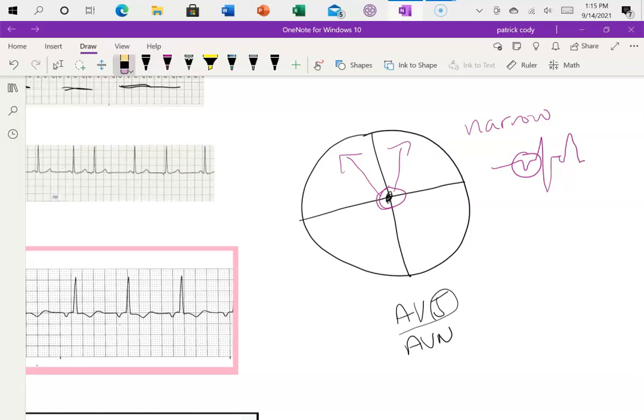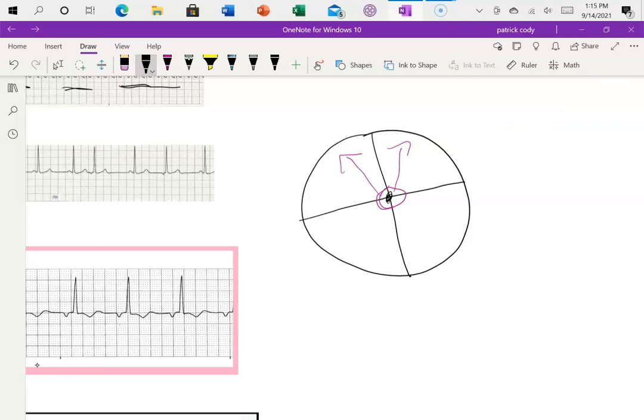So the other thing that I may sometimes see is I may actually not see a P wave at all. And what I want you to keep in mind, when you're thinking about causes of a narrow complex rhythm, is that the junction definitely needs to be in your differential diagnosis. Okay, so the junction, this part right here, and remember its characteristics.